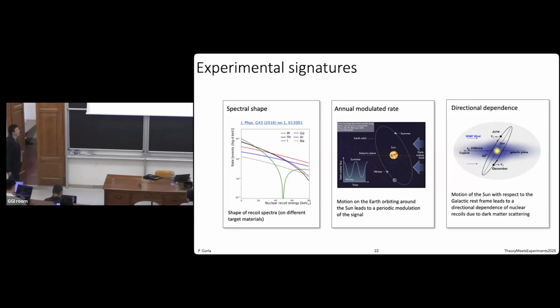And one thing that can also be interesting to exploit once we have a signal is the direction of the interacting particles. This can help us reduce the background, because in principle we are moving toward, let's say, the Cygnus constellation. So we move in that direction, so particles come from that way.